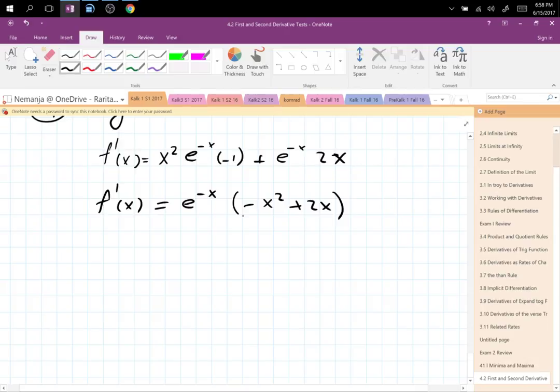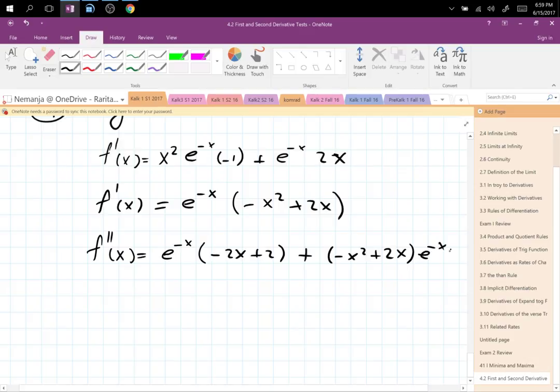I could have kicked an x out as well, but I don't want a triple product, and I'm not setting that one equal to 0, so I just want to keep it in the form that is easiest for me to differentiate. So now again, copy the first, take the derivative of the second, plus copy the second, take the derivative of the first, and now simplify.